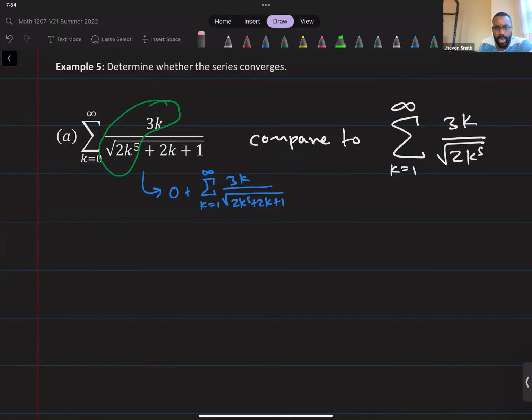That's okay because I can separate the constant term that would have been bad in the comparison case and just worry about from 1 onwards. If 1 onwards converges, then of course the entire thing converges, because I'll just add a constant to it, and in this case the constant is 0. So technically I'm comparing this to 0 plus this, but I'm only focused on this series now.